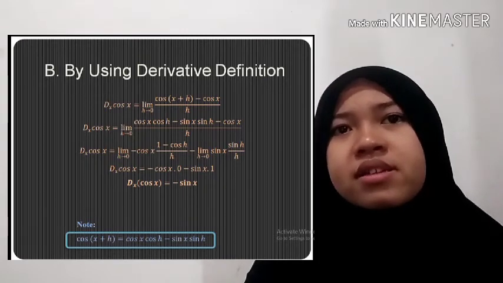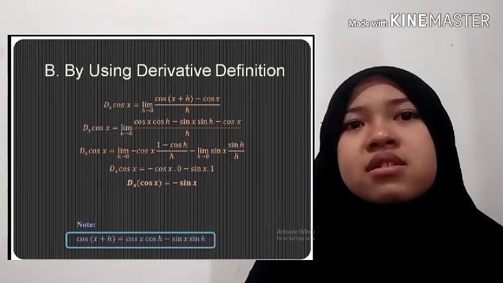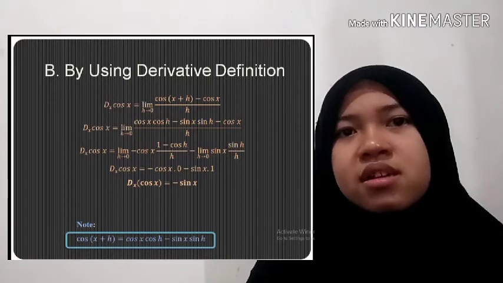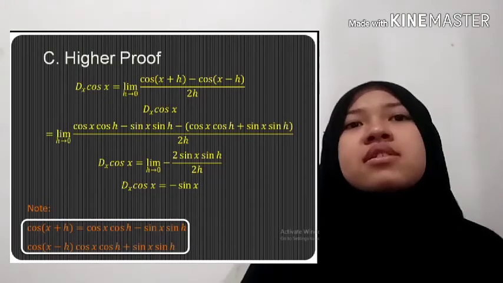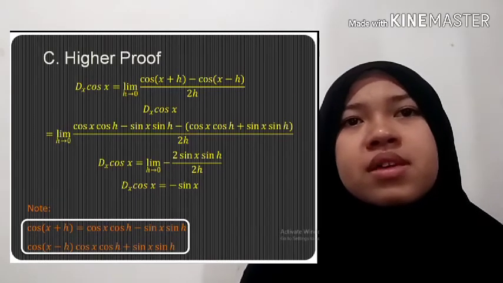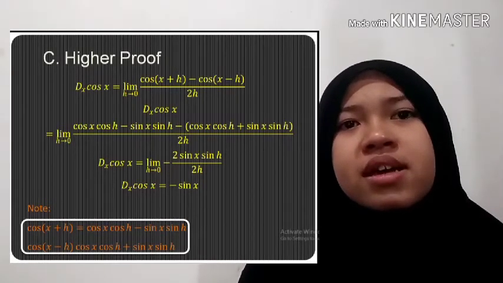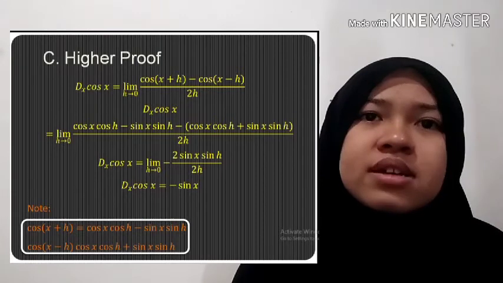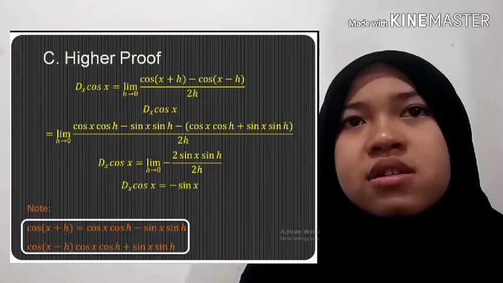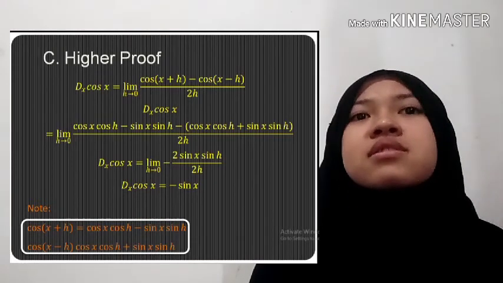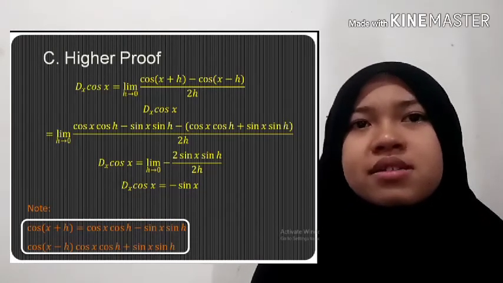By simplifying this equation, we get the derivative of cosine x is equal to negative sine x. By using addition and subtraction angles in the cosine formula.